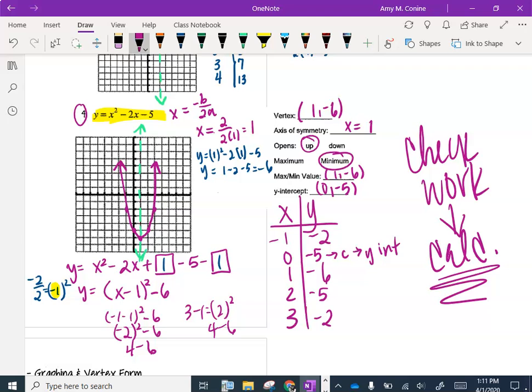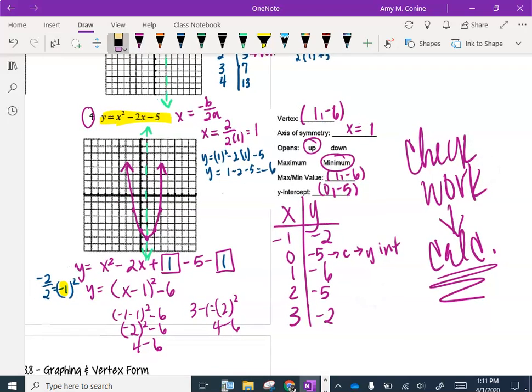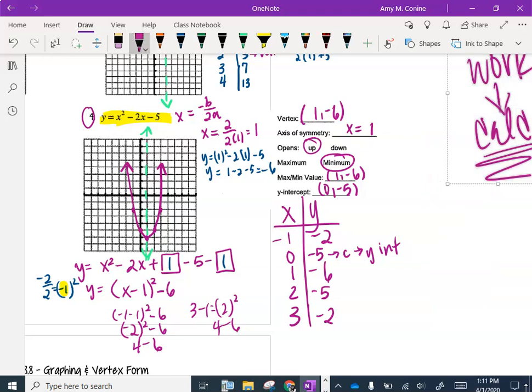Okay, so again, the last thing I'm going to have you do is domain and range, just to review that real quick because it's something we definitely need to keep talking about. So domain and range somewhere on your paper. Domain is always all real numbers for quadratics.